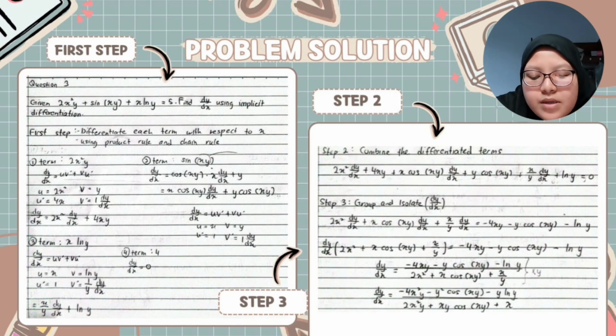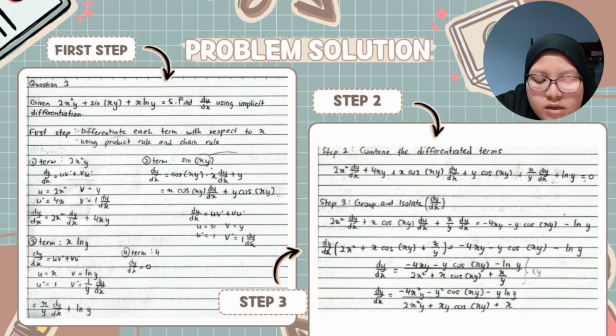Step 3, we need to group and isolate dy/dx. We move terms with dy/dx to the left hand side and terms without dy/dx to the right hand side.